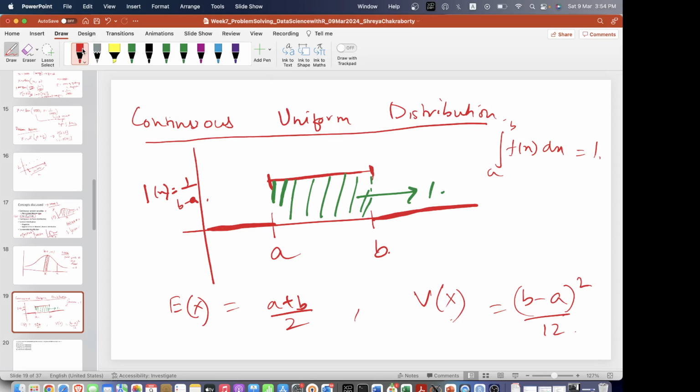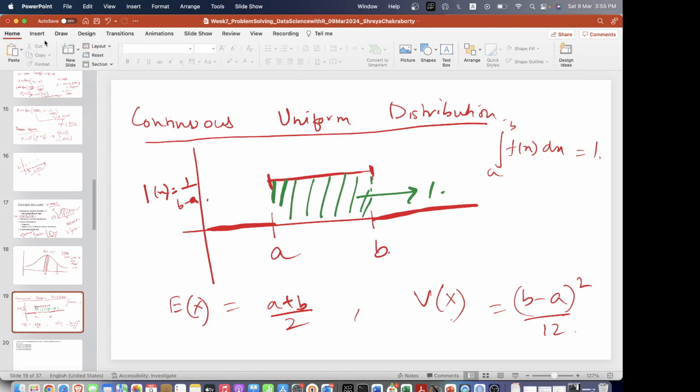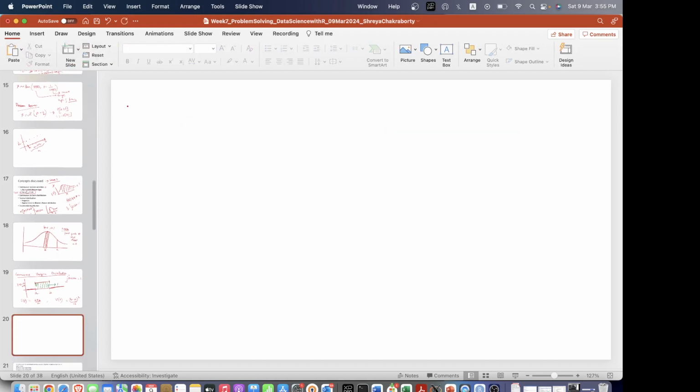The next thing that we learned was the normal distribution. What did we learn about normal distributions? We learned the PDF. How does the PDF look?